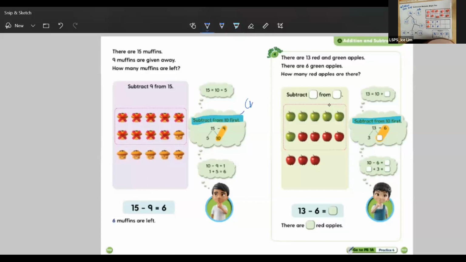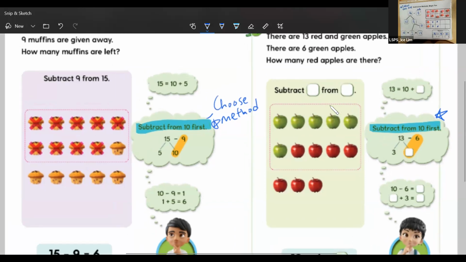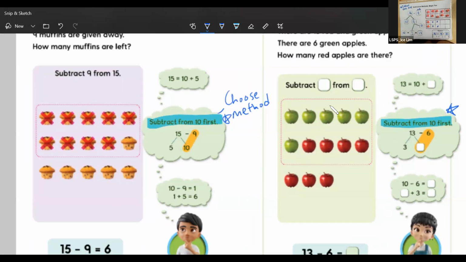Choose this method. This method is called subtract from tens first. This is page 102 and page 103. Can you draw a star here on the subtract from tens first? On page 102 and 103. Okay? And tomorrow we'll take a closer look.